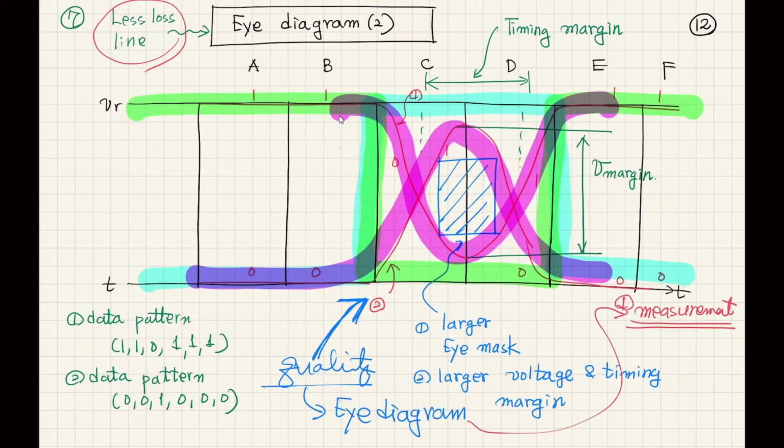If you want to measure the I-diagram, you have to touch the transmission line using oscilloscope probes. But the oscilloscope probe itself has capacitive load, and it also has a bandwidth limit.